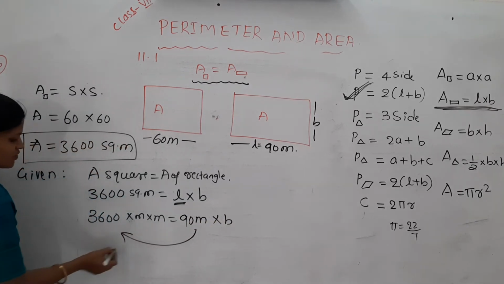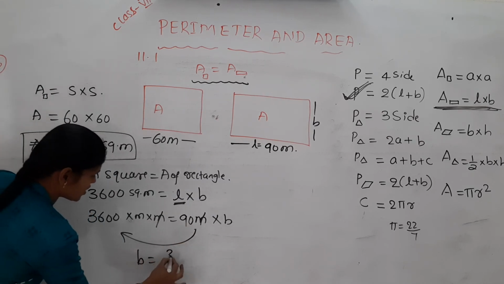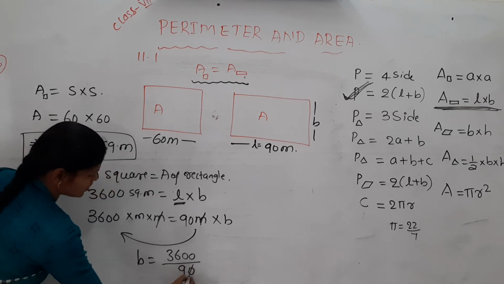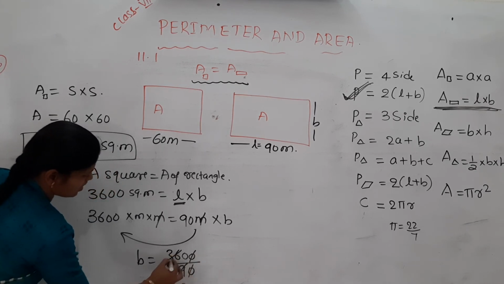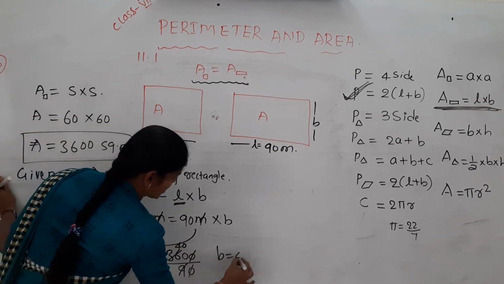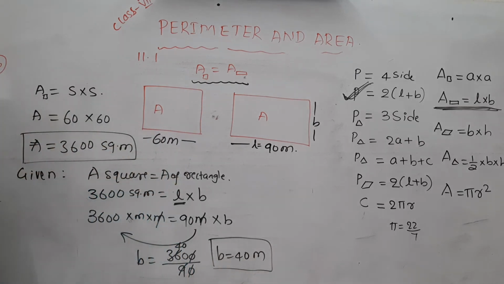If 90 meter comes this side, one meter gets cancelled. So breadth is equal to 3600 divided by 90. The 0 gets cancelled. 9 fours are 36, and then the 0 comes here. So the breadth of the rectangle is 40 meter. Just pause this video and take the answer.